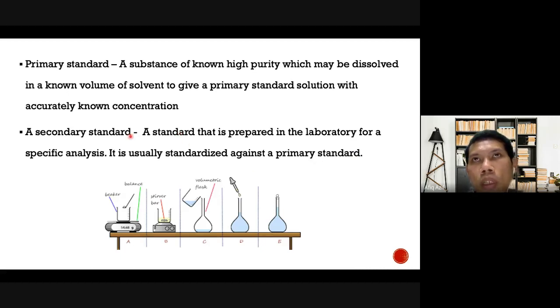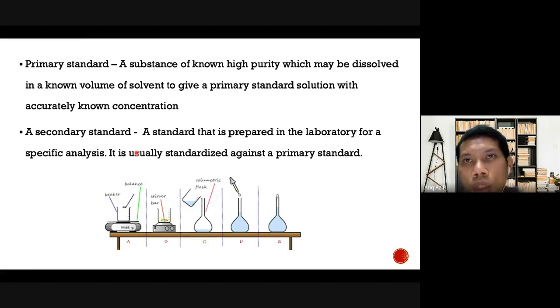In the industry, normally the raw material that is used to create a formulation, or the drugs that you want to sell, is tested or standardized. We use the word standardized against the primary standard. Let's say the raw material you use has a purity of 99.8%.